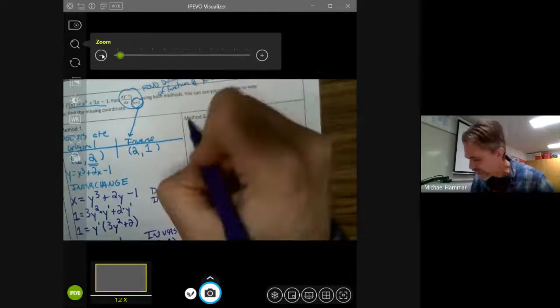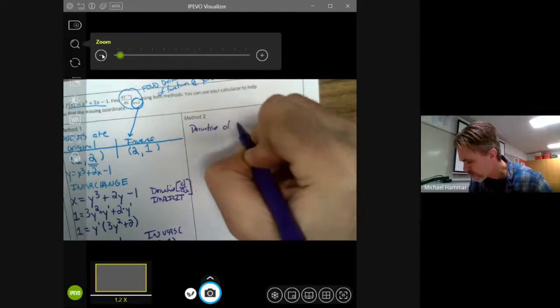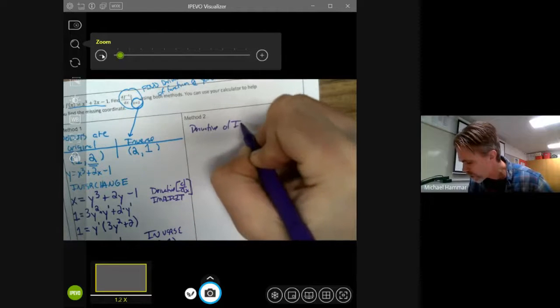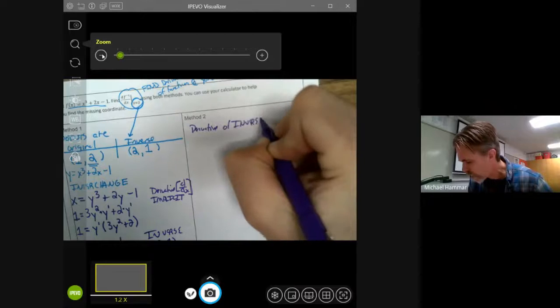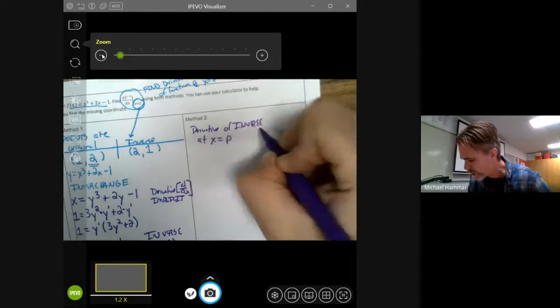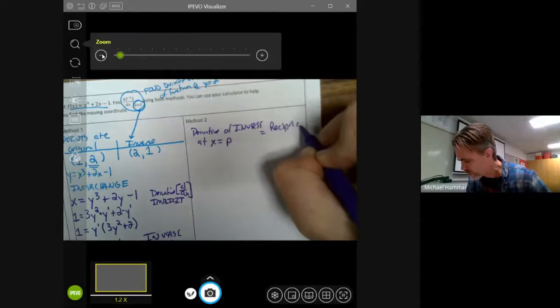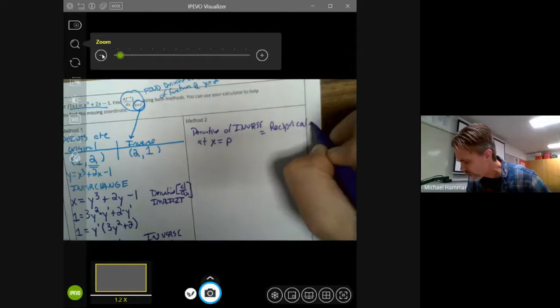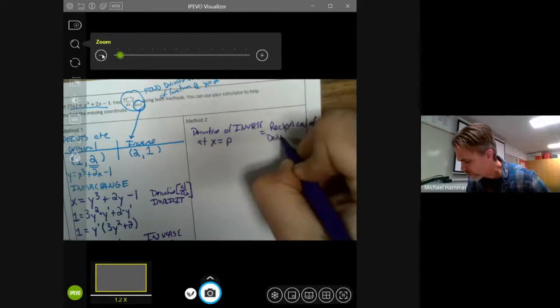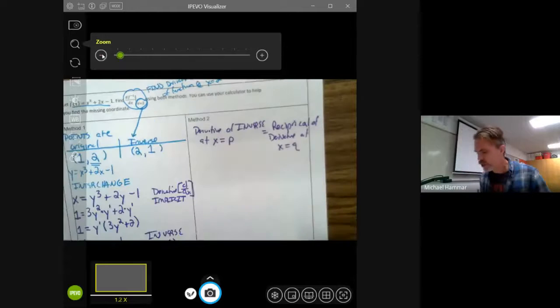Method 2 says the derivative of the inverse at x equals p is equal to the reciprocal of the derivative at x equals q.